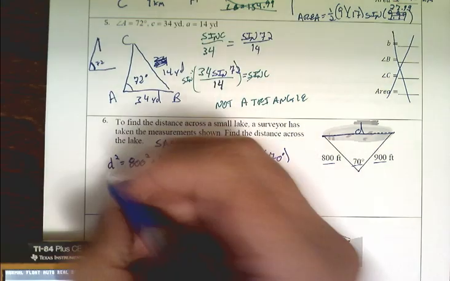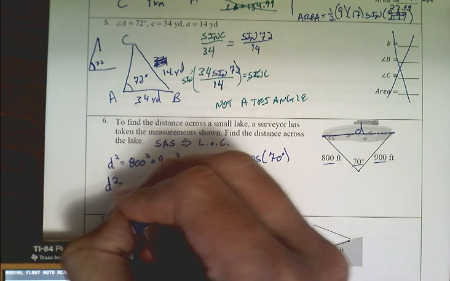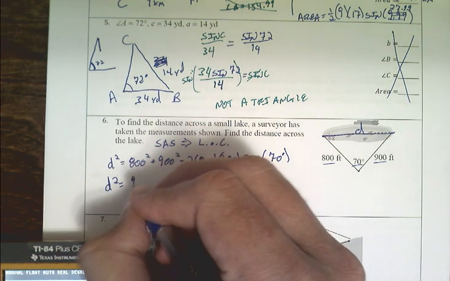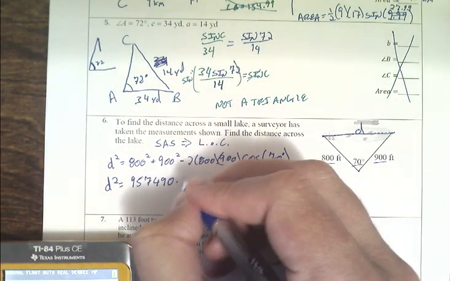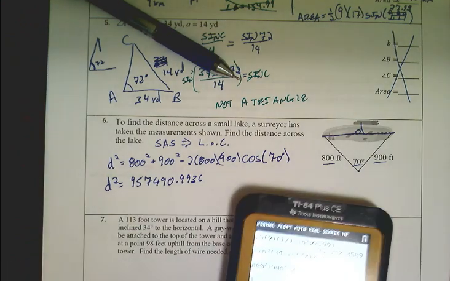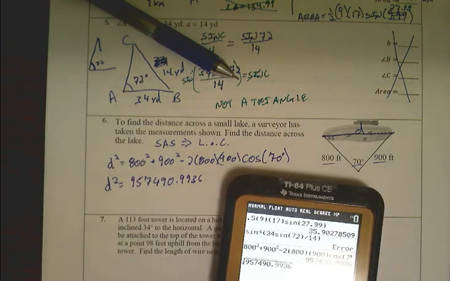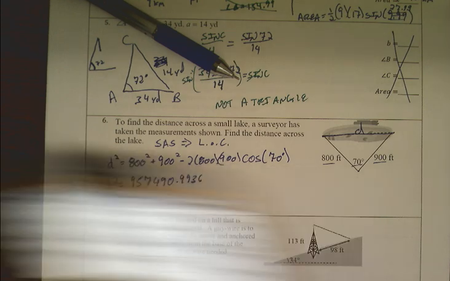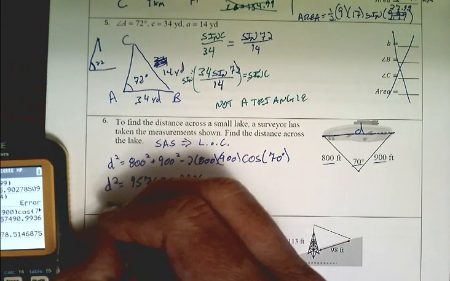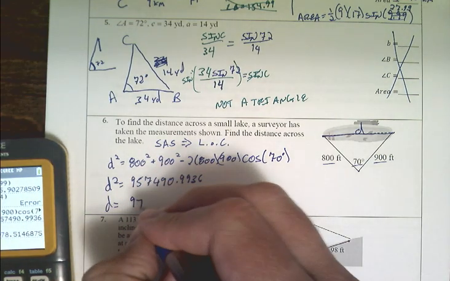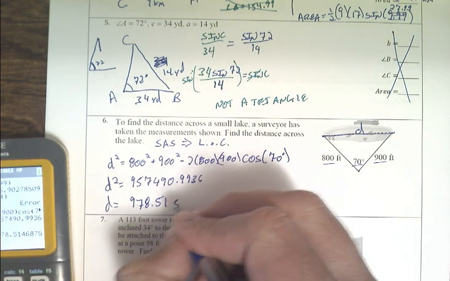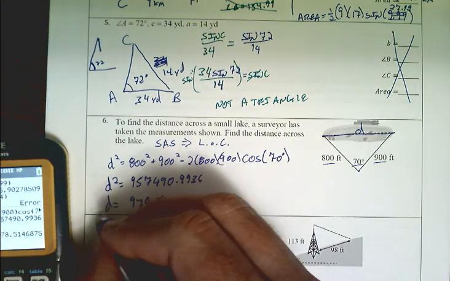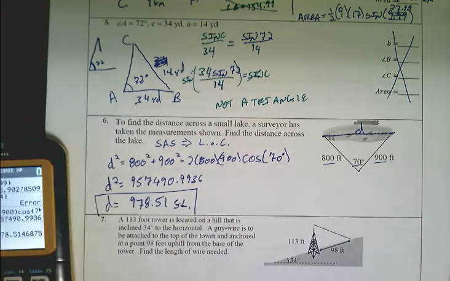I guess I'll be a little thorough here and just jot that down. 95749.9936. And so now we want to take the square root of that big guy right there, and you get 978. So the distance across is 978.51. I think we're measuring feet. Done.